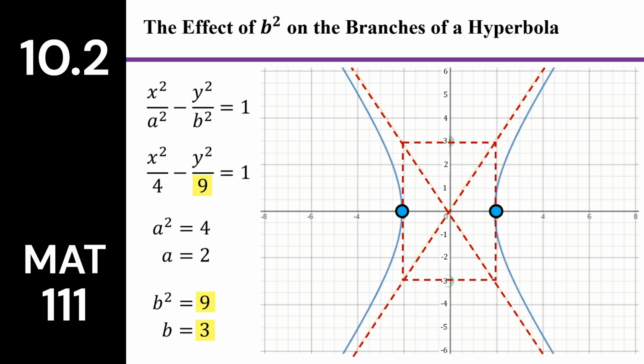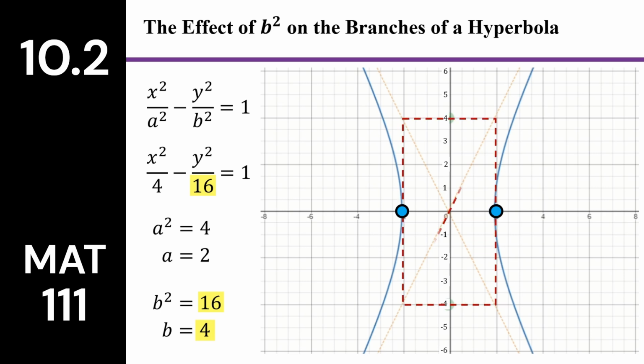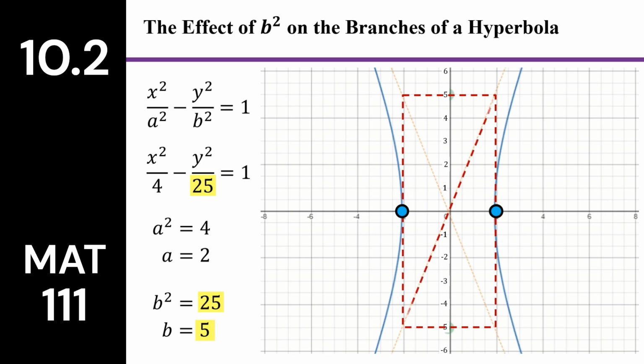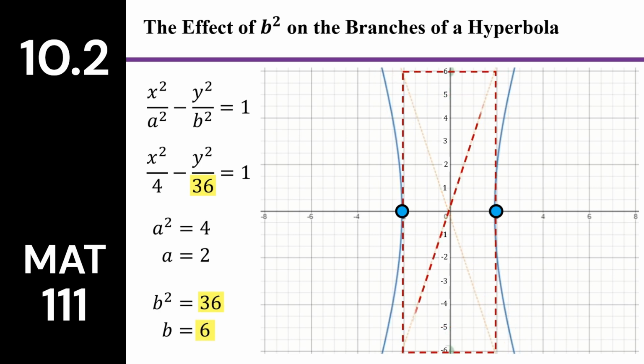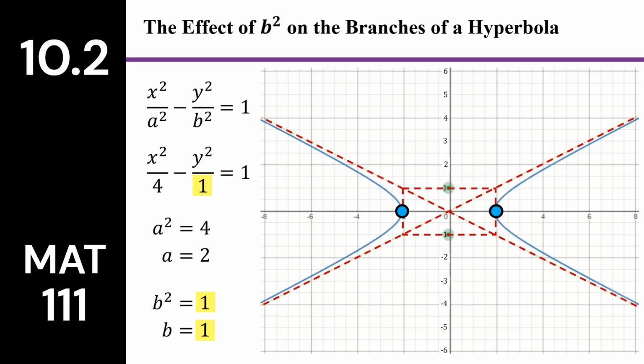We can go from 9 to 16, and from 16 to 25, and from 25 to 36. Notice that when b squared is large relative to a squared, our hyperbola opens up gradually, and when b squared is small relative to a squared, our hyperbola opens up more sharply.